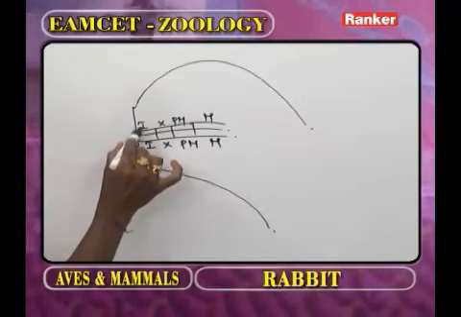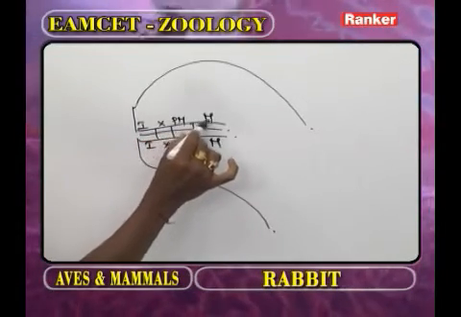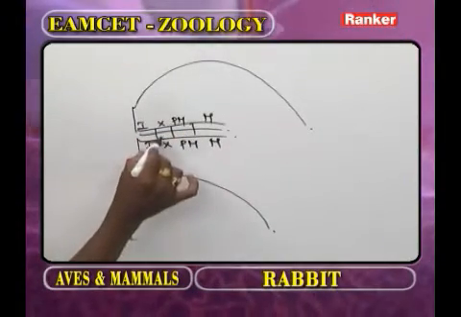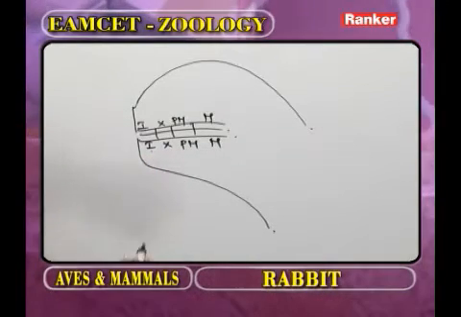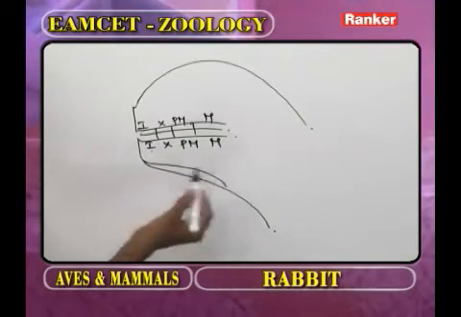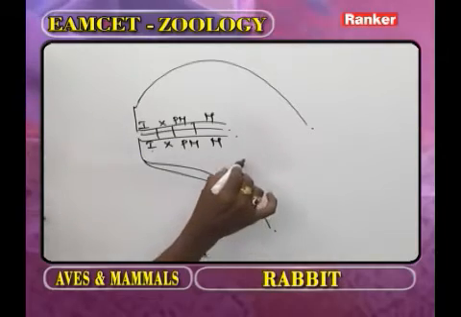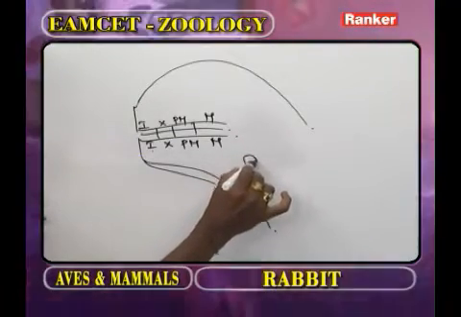Now the upper row has incisors, premolars, molars. The lower row has incisors, premolars and molars. Now these are the angles of the lower jaw, and this one we call the tongue.